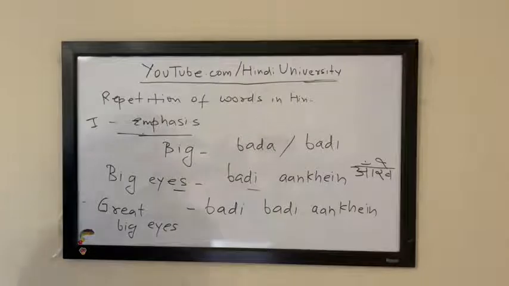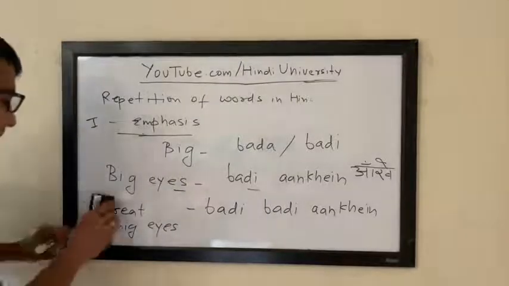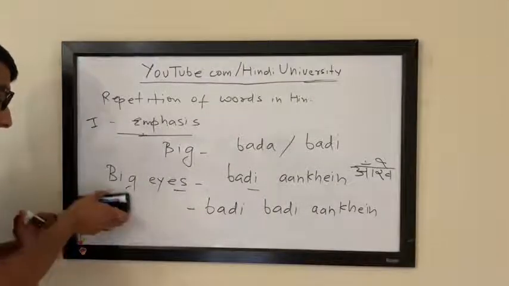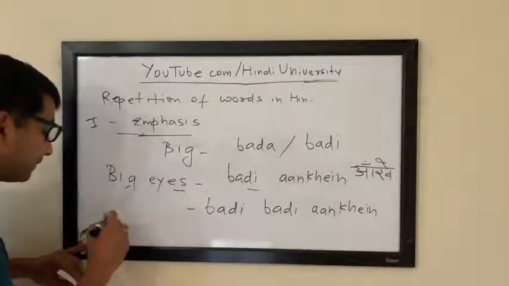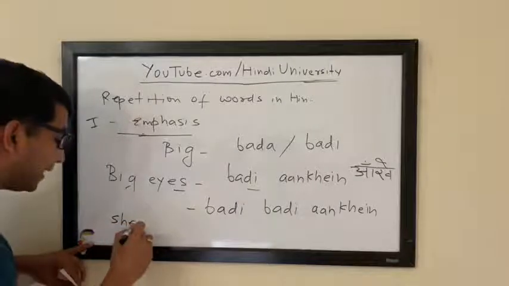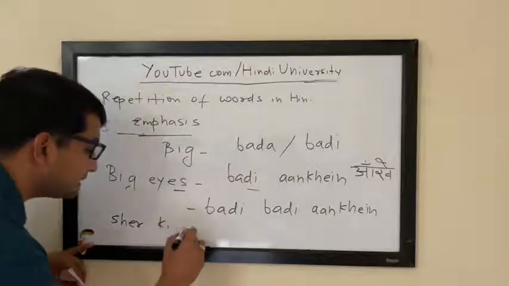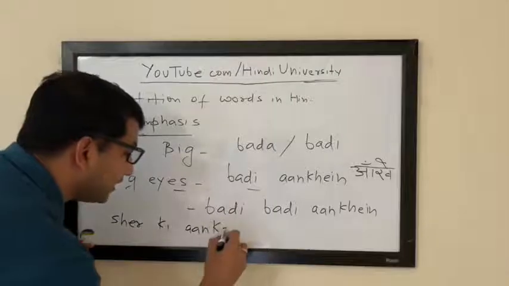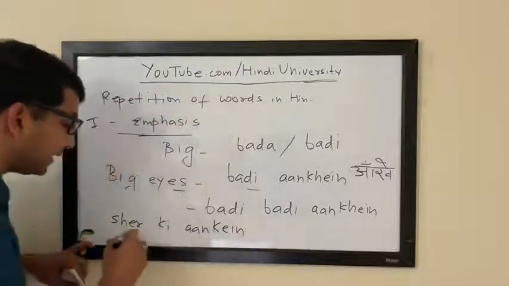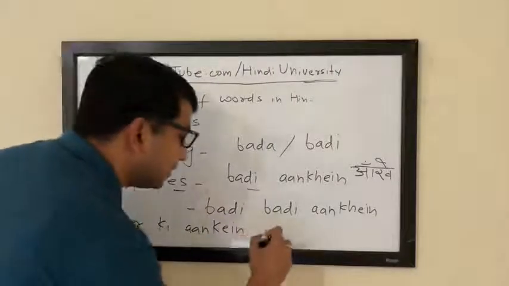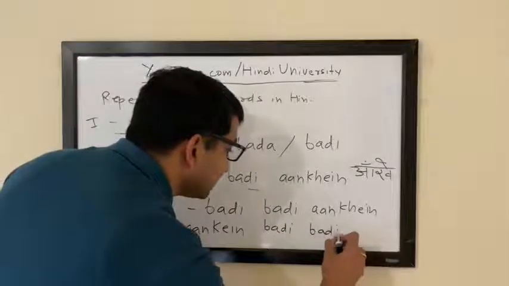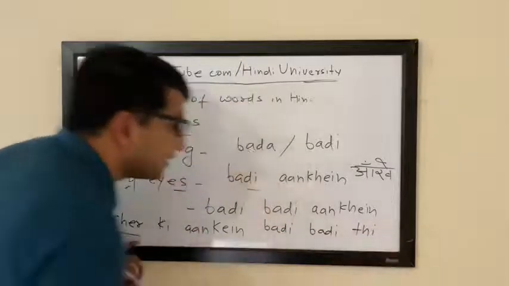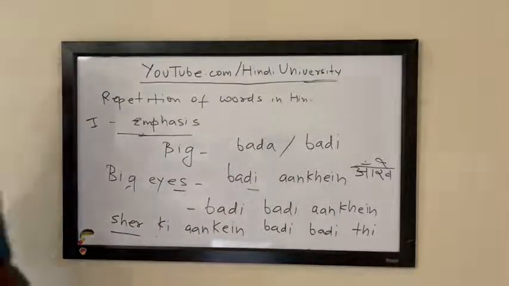The example I have here is, let's say you saw a big cat, and you say, शेर की आंखें बड़ी बड़ी थी. Lion's eyes, शेर की आंखें बड़ी बड़ी थी. और उसकी आंखें बड़ी बड़ी थी.